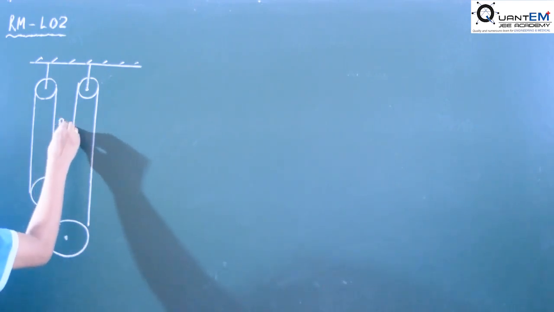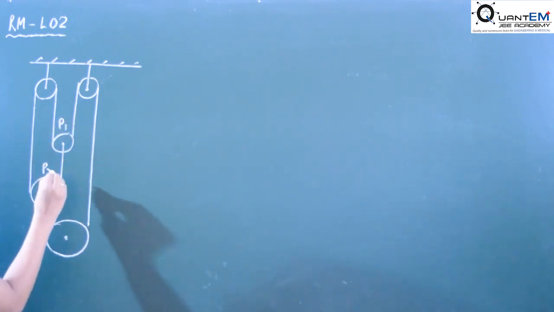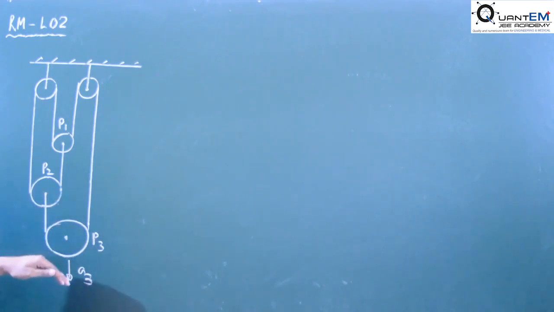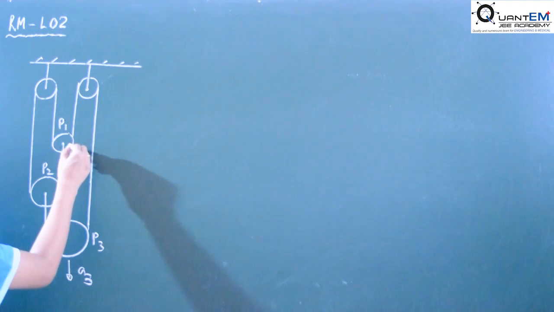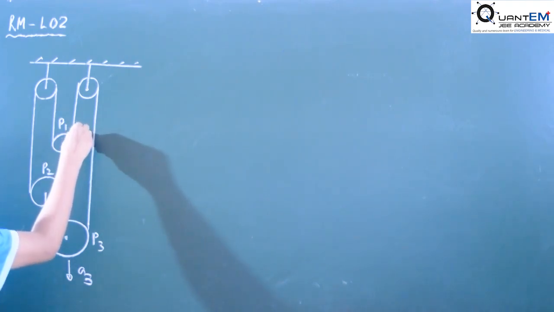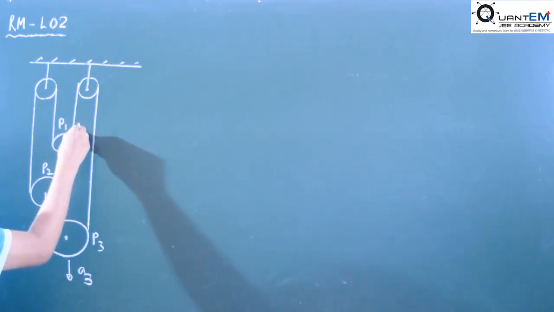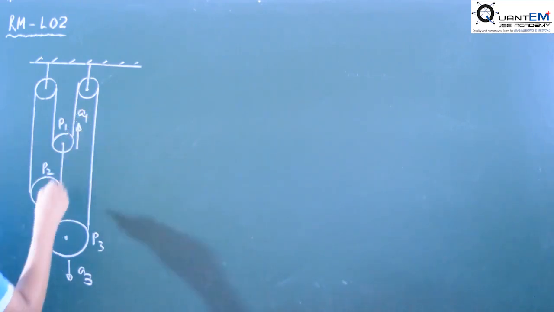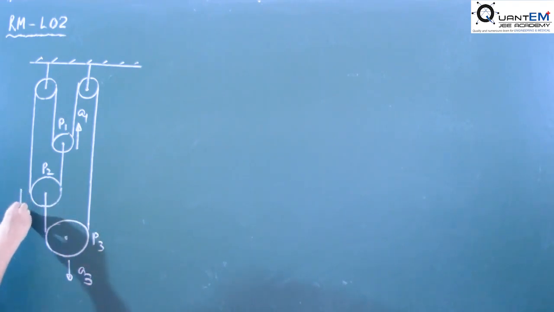Suppose this one is pulley P1, pulley P2, and this pulley is P3. Suppose this pulley has acceleration A3, so if it comes down, at this time suppose the first pulley has acceleration in the upward direction, that is A1, and this pulley has acceleration in the downward direction, A2.